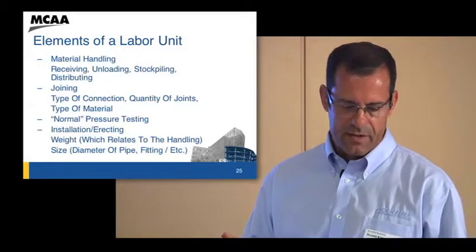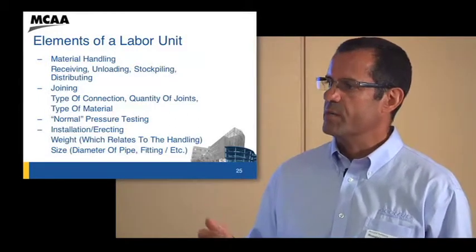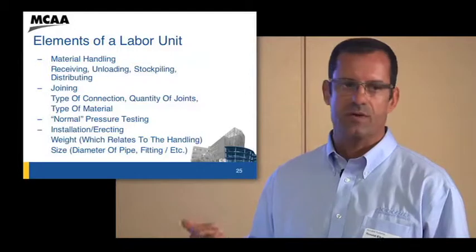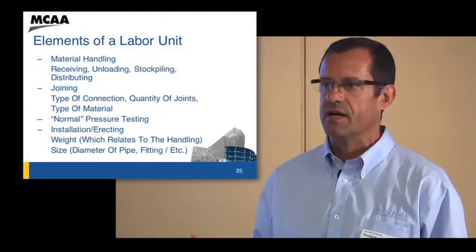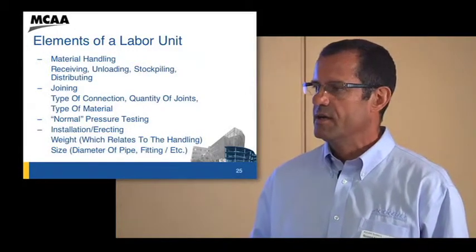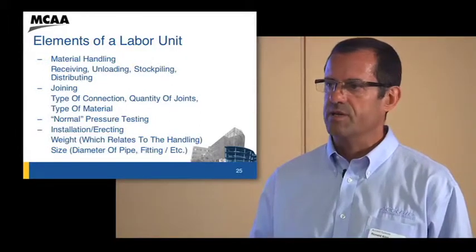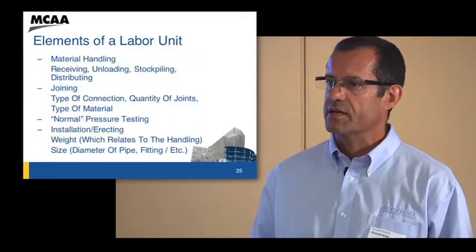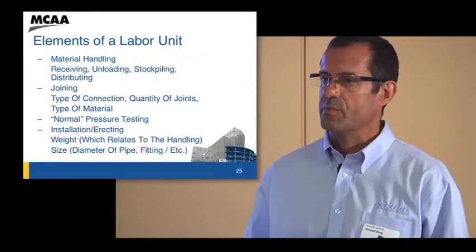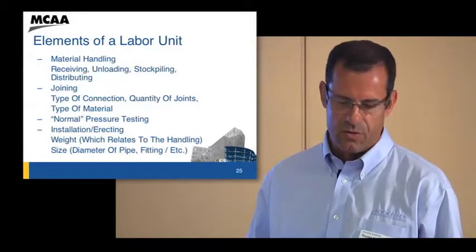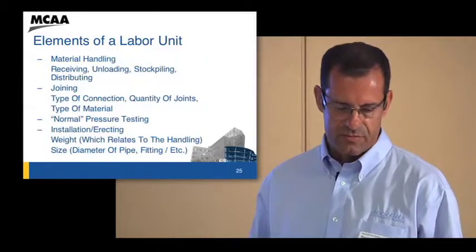The biggest component of the formula is the joining method, how this thing goes together. If it gets butt welded together, that's going to be the bulk of the labor unit. Second to that is the weight of the item to get it installed. Those are the two largest components of the actual value of the unit itself.